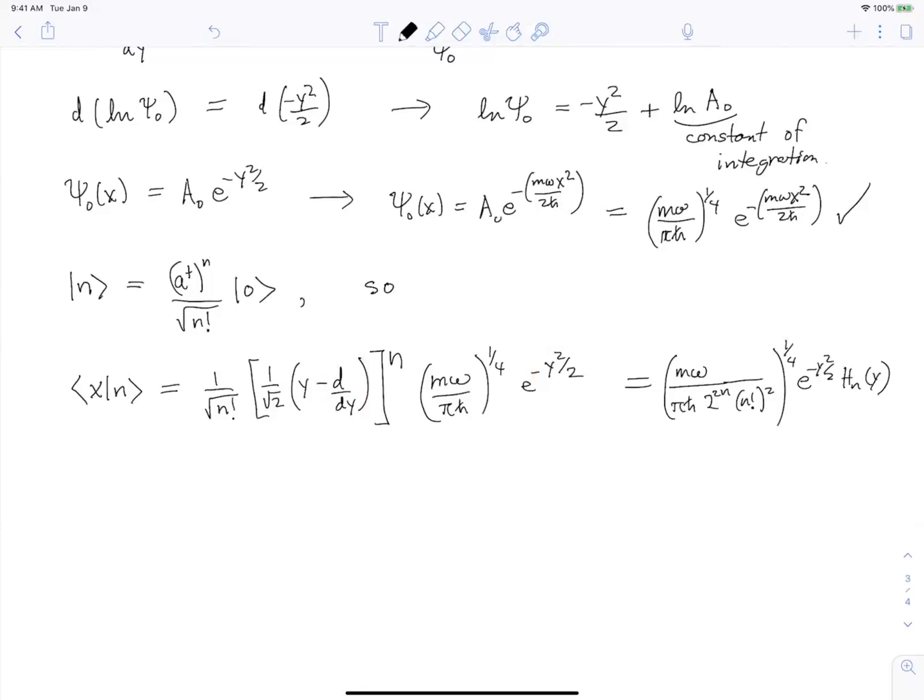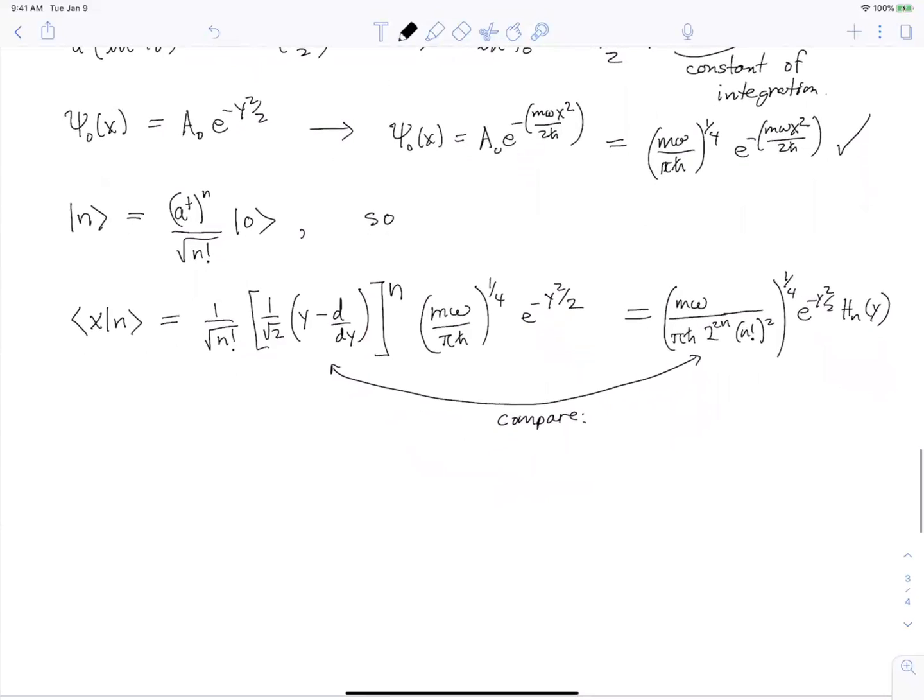Okay, so now we can compare the two things. And we notice that it gives us a formula for the nth Hermite polynomial. By comparing, we learn that the nth Hermite polynomial of y is just equal to e to the y squared over 2, (y minus d by dy) to the nth power, acting on e to the minus y squared over 2.